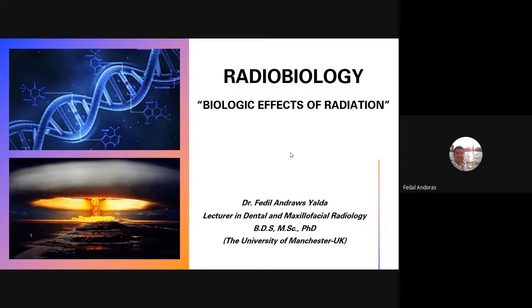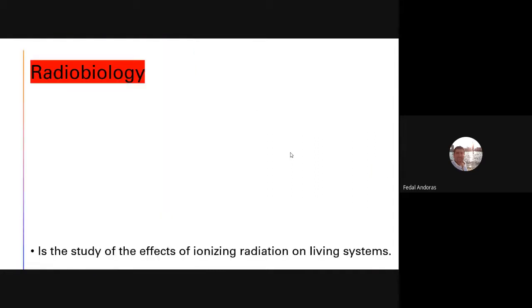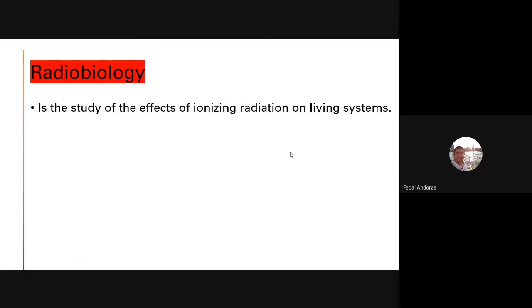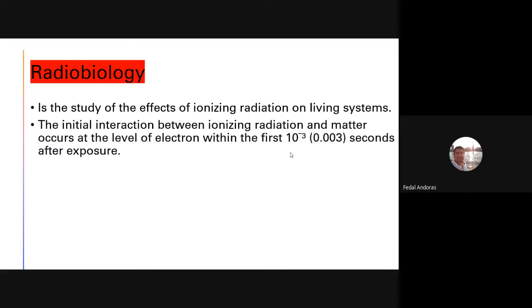So let's start. Radiobiology. What do you mean by radiobiology? It is the study of the effects of ionizing radiation on living systems. The initial interaction between ionizing radiation and matter. Last lecture we talked about matter, and here when we say matter, we mean the human being.